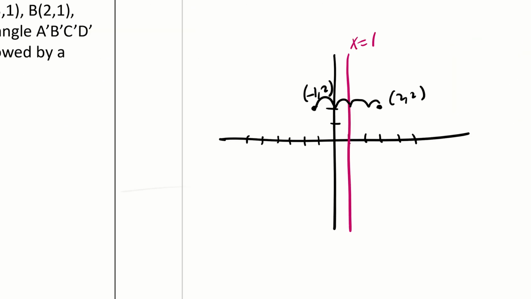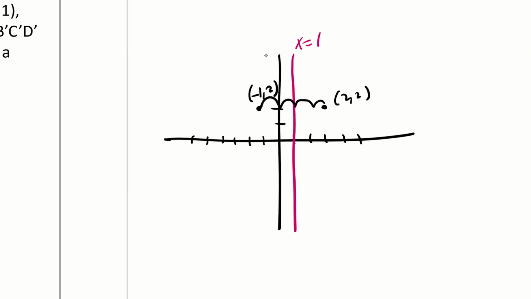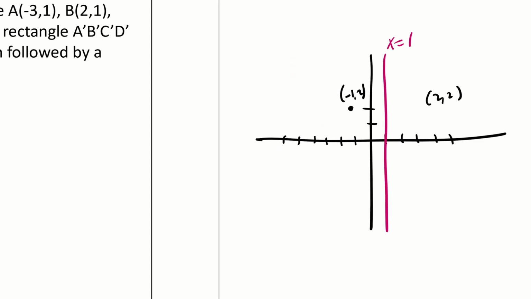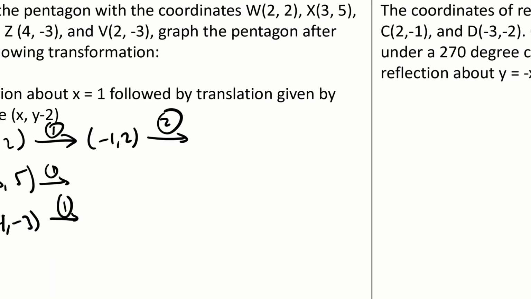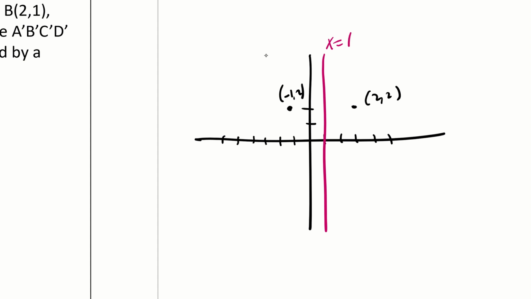3, comma 5. Let me erase this. Shoot. Let's see here. I'm going to try to erase just those things. Okay, here we go. Let me make sure that this is 2, comma 2, 1, 2, 1, 2. Okay, so 3, comma 5.